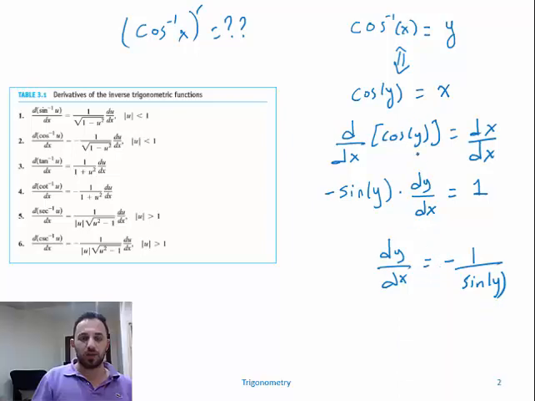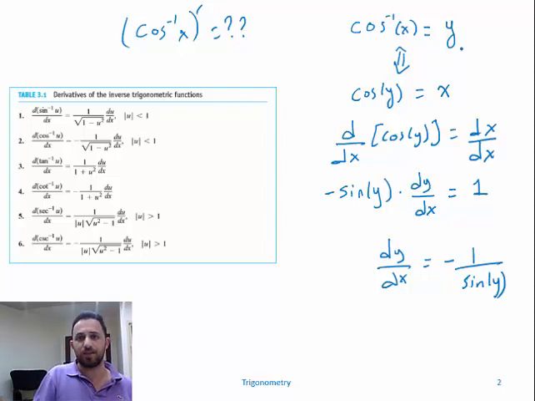The advantage of the chain rule is it gives me the derivative of y in terms of x, dy by dx, which is the derivative of cosine inverse of x. So if we differentiate both sides, the derivative of cosine inverse of x is equal to dy by dx, which is minus 1 over sine of y.